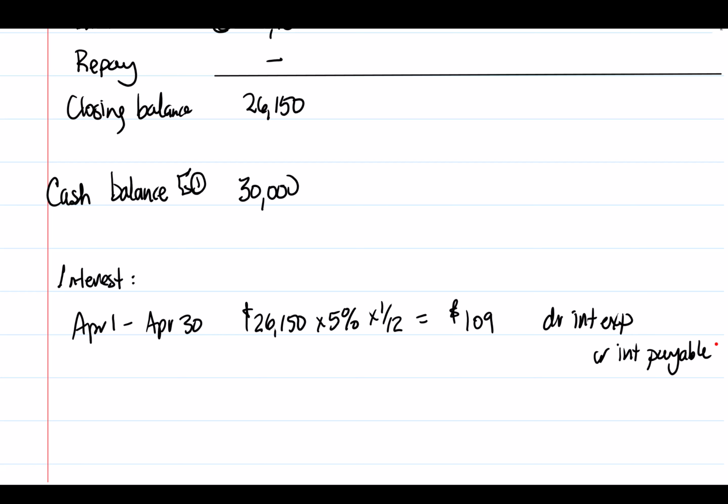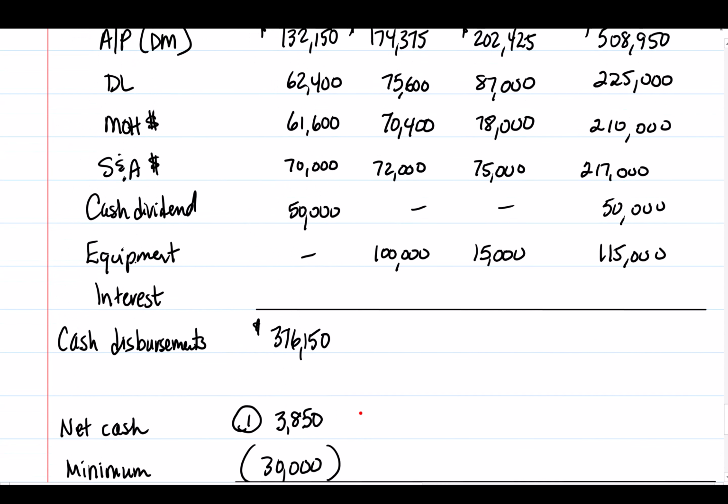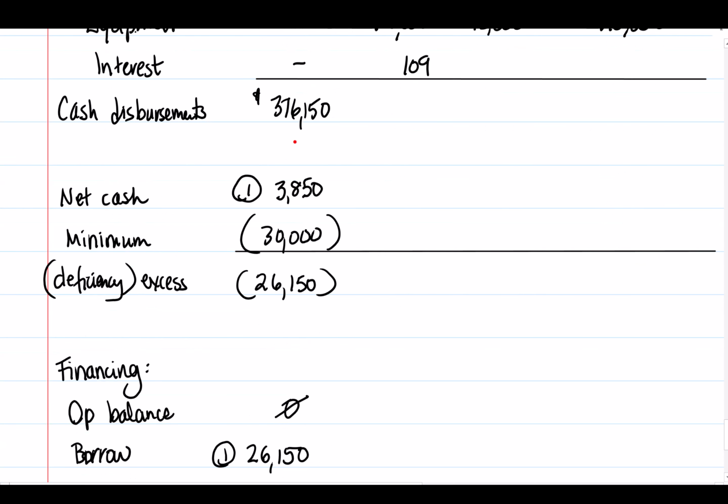This $109 will then be paid on May 1st because it says interest is at 5% calculated monthly and is paid the first day of the following month. So this $109 will need to go right here under our interest on our cash budget because we're going to pay it the first day of the next month.